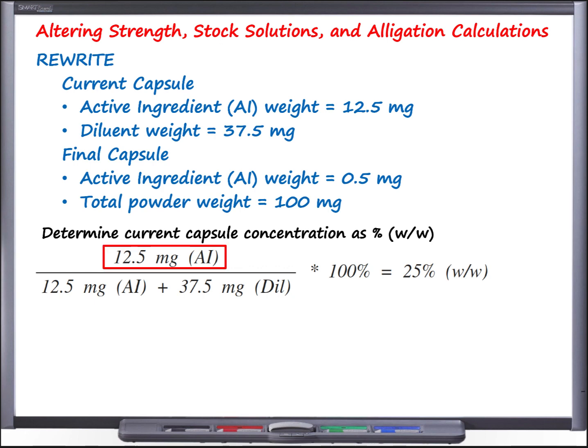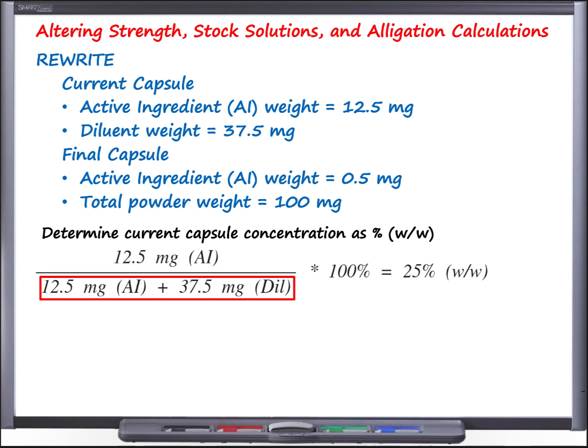What we know about the current capsule is that there is 12.5 milligrams of active ingredient or drug in the capsule. So let's set that on top. Let's divide that by the total weight of the capsule. The total weight would contain the 12.5 milligrams of active ingredient plus the 37.5 milligrams of diluent, the other number they gave us.